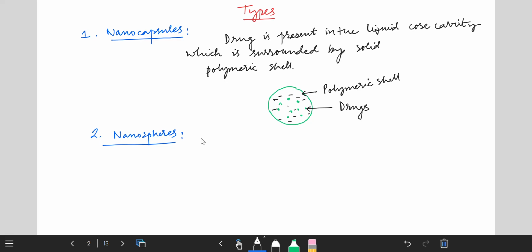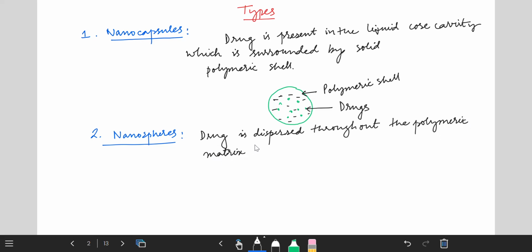So the drug is dispersed throughout the polymeric matrix, or it can be adsorbed on the outer surface.